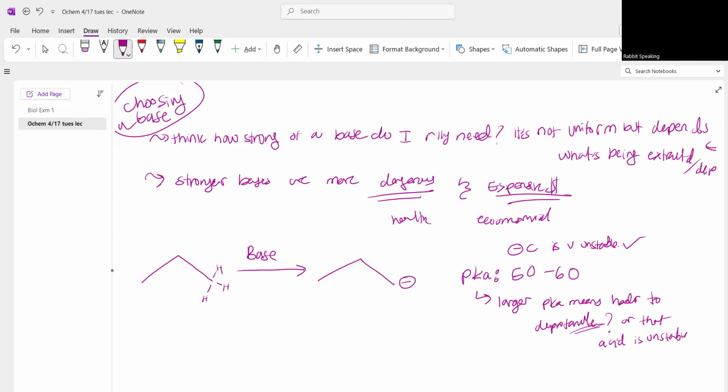Well, what does that mean? Here is our conjugate base. This is our acid. And the pKa of our acid is 50 to 60, which is really high, which means it's already quite stable in the acid form, and it's very hard to deprotonate because this base is very unstable.